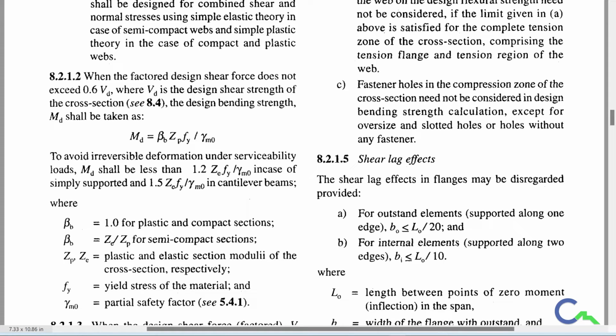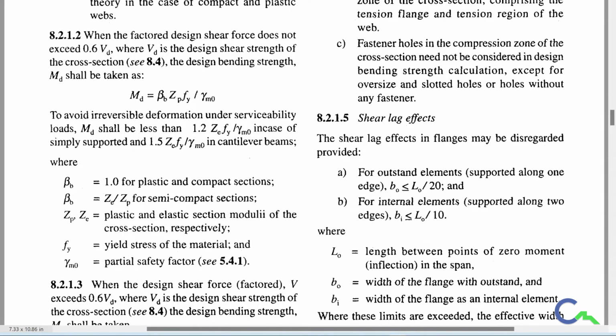In the cantilever condition, it is 1.5 Ze Fy divided by gamma M naught. For the plastic or compact section, beta B is 1. If it is semi-compact, we have to take Ze divided by Zp. Fy we already know, that is yield strength 250. Gamma M naught from table 5 we can get, that is 1.1.